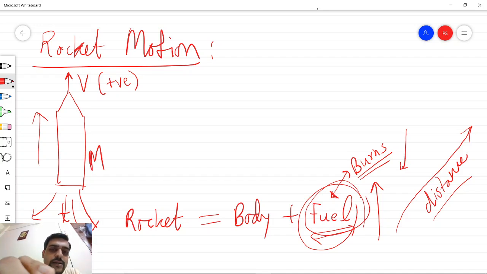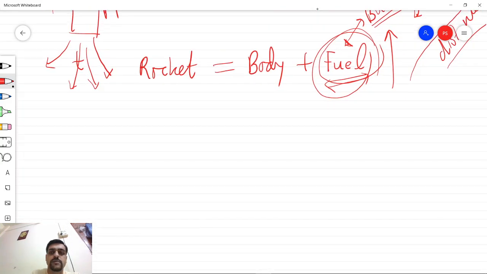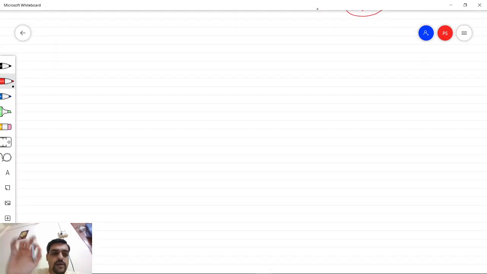So this operation makes it a system with variable mass. Let us try to discuss the mechanics of this system.